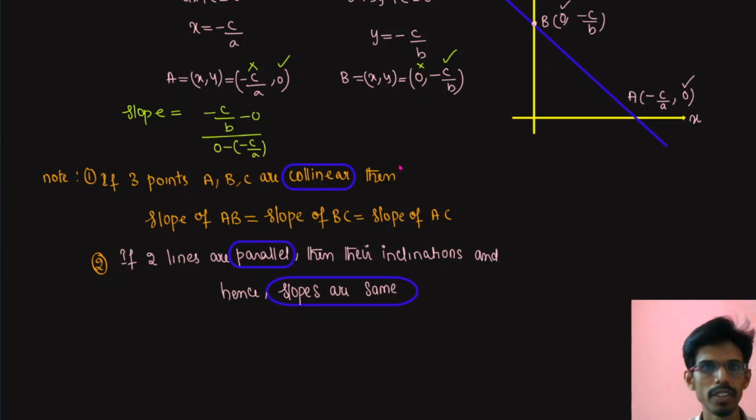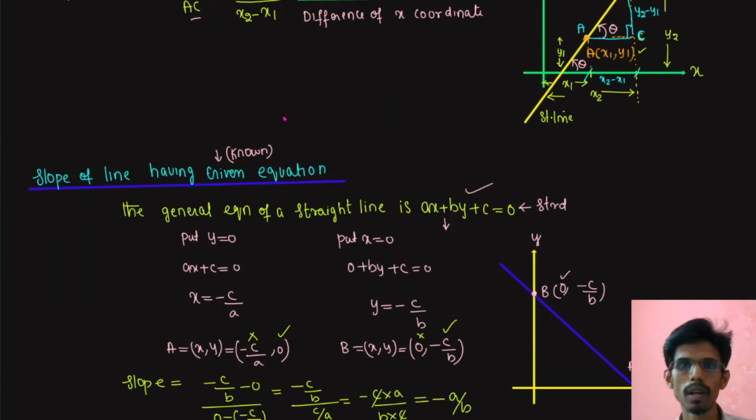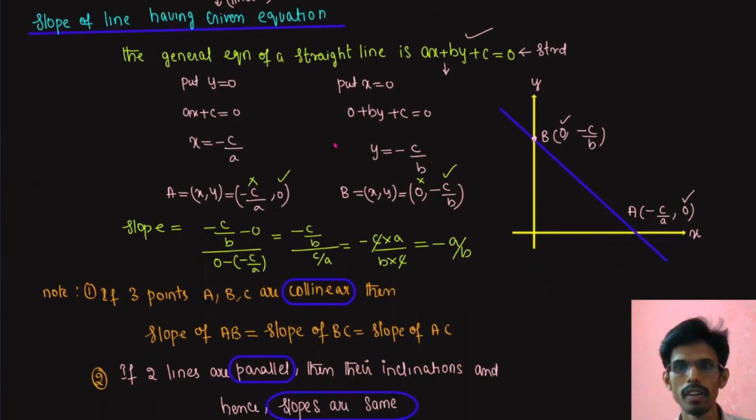So this will become minus c by b upon c by a. So this will become minus c into a by b into c. Cancel these two. I will get minus a upon b. So the slope will be minus a by b.